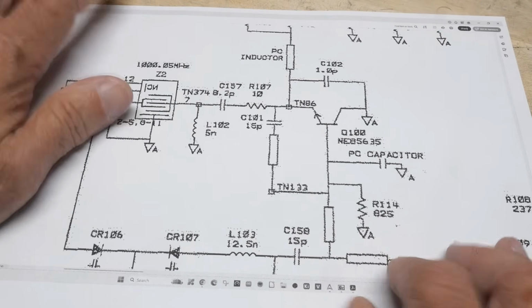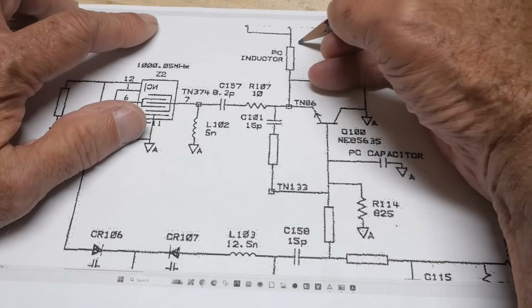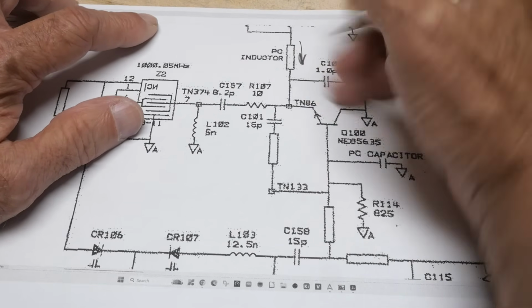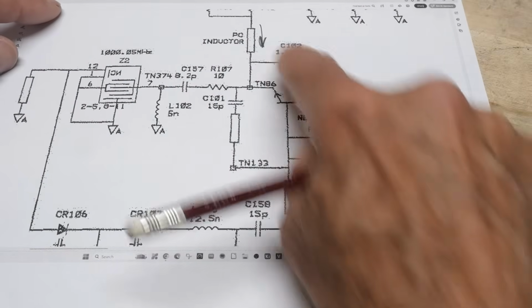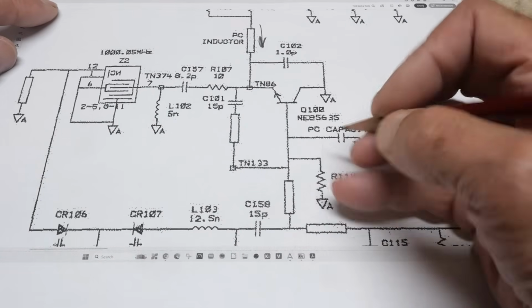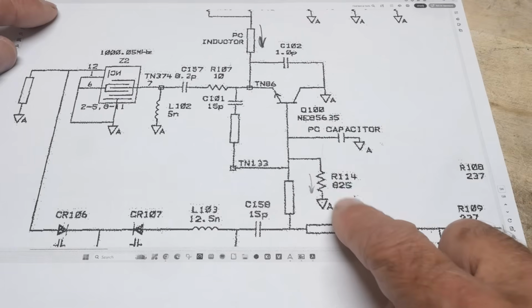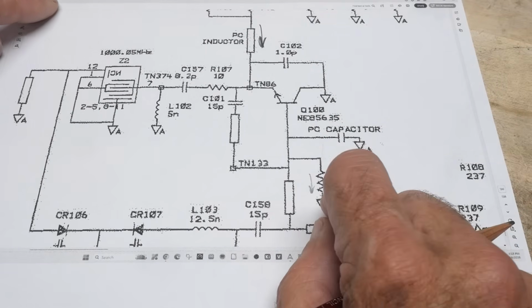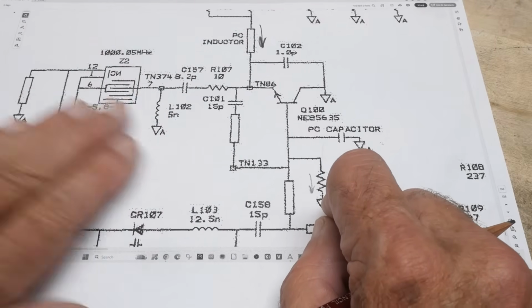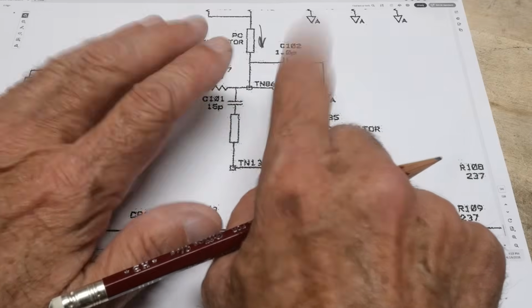All right, so that current comes down here and biases this transistor. So it comes through here.